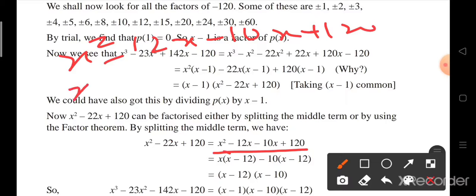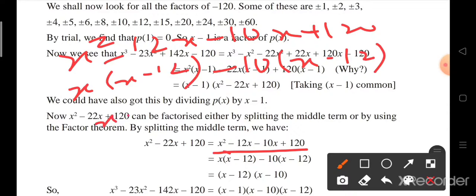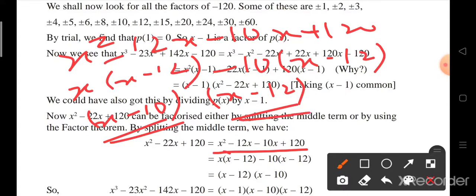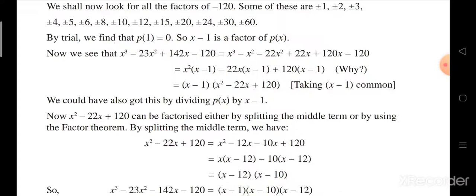From the first pair you can take x common, so it is x minus 12. From the second pair you can take minus 10 common, so it is x minus 12. Now you can write x minus 10 and x minus 12. These are the remaining two factors of this polynomial. So we can write this polynomial entirely as x minus 1 into x minus 10 into x minus 12.